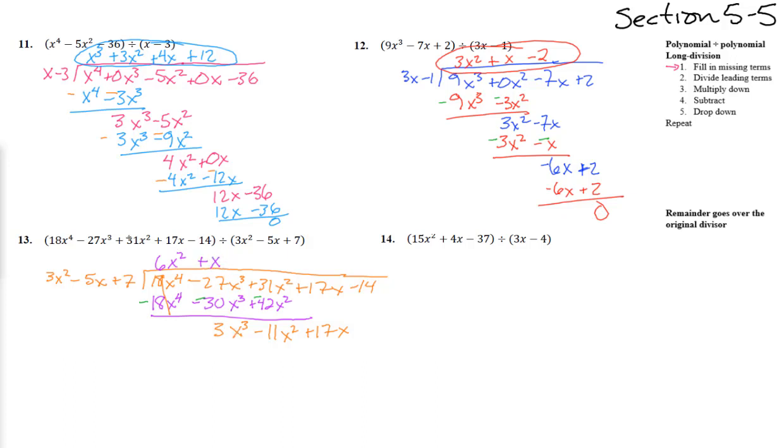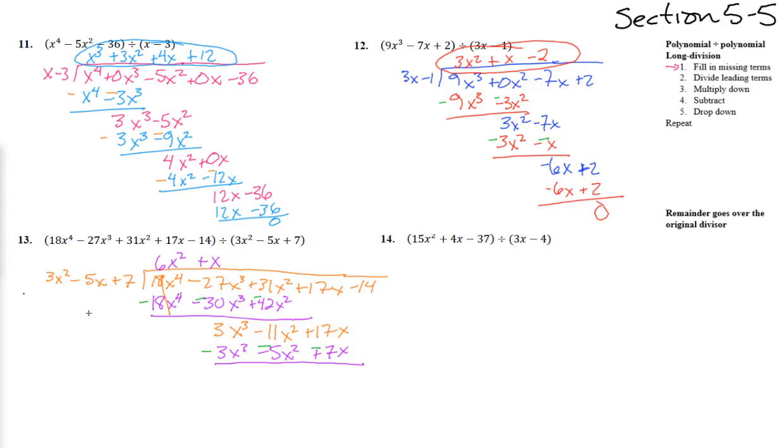Now we multiply the whole 3x squared minus 5x plus 7 by x, and we get 3x cubed minus 5x squared plus 7x. Now the subtraction, let's get a different color here to remind us we've got to subtract, so distribute that negative, and now we can add just fine.